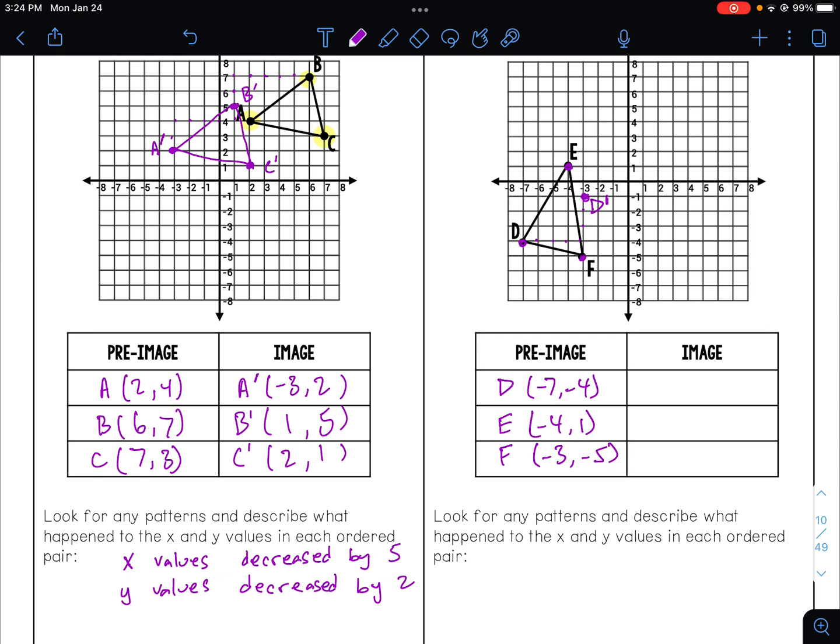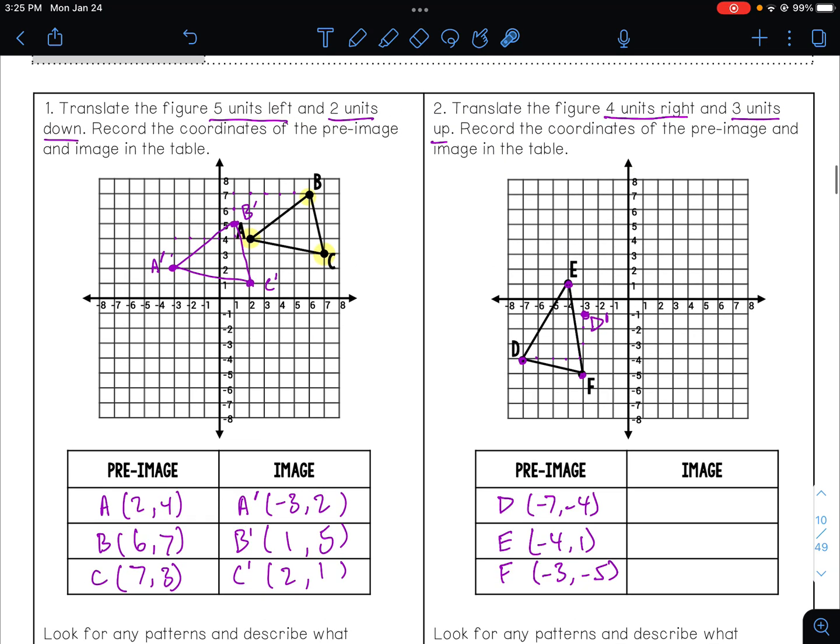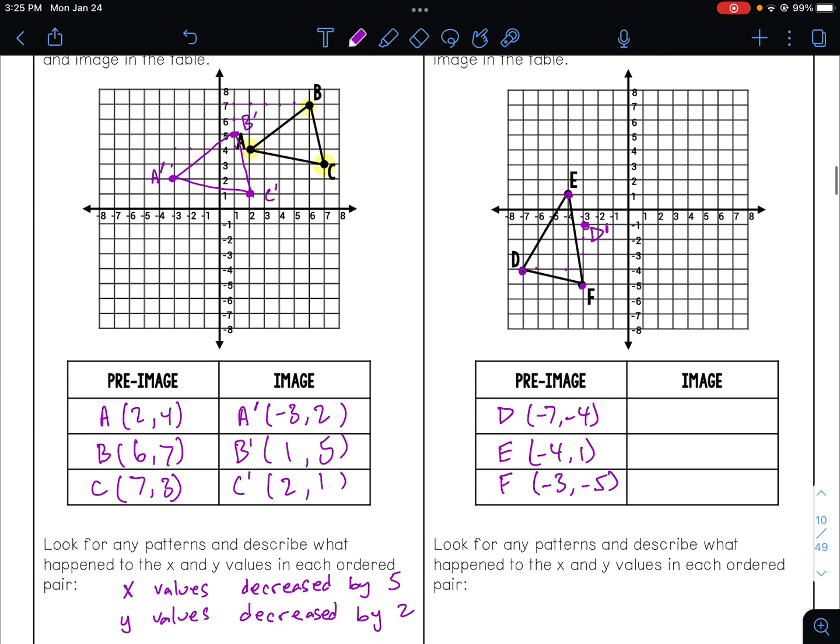Oh, you know what? Remember I said let's actually do it algebraically? 4 units to the right, that means x plus 4, right? 3 units up, that means y plus 3, right? The y value, the up and down, plus 3. So if I know that D prime is -3, -1.